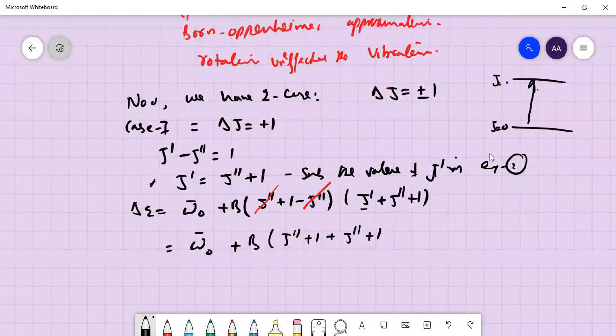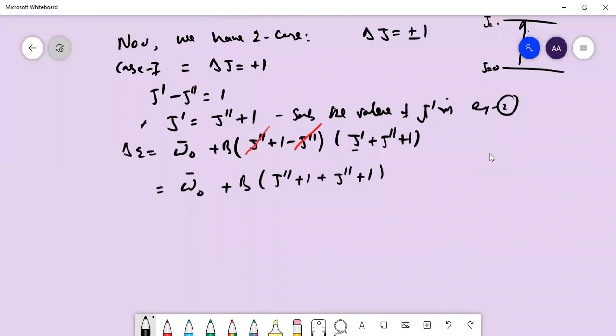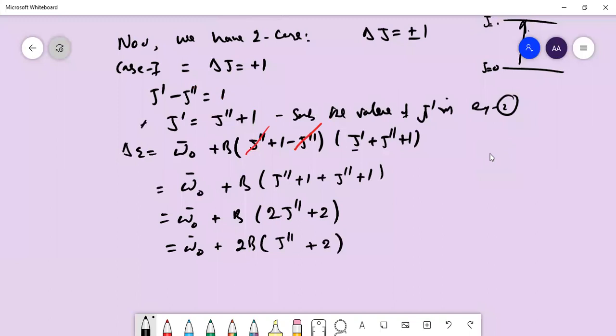The equation will be omega naught bar plus B (J double dash plus J double dash), this will be 2J double dash plus 1 and plus 1, this will be equal to plus 2. So I can further write, taking B as common, 2B (J double dash plus 1). So this is our equation number 3.